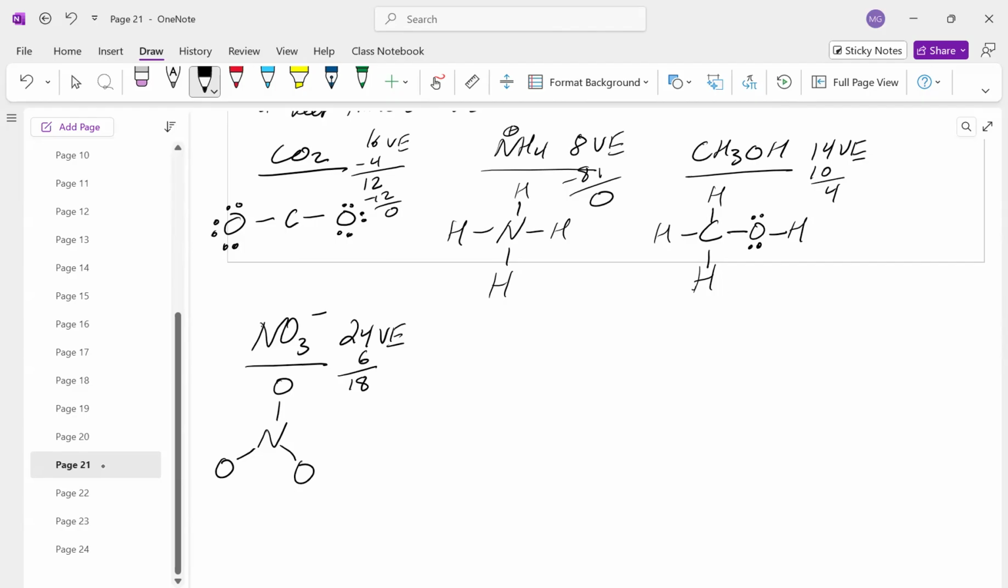With those 18, I'm going to put lone pairs on the more electronegative atoms, which are the oxygens. So I'm going to give this one 6. Now it has a full valence shell. I'm going to give this one 6. It has a full valence shell. And then this one 6. So there's all 18 of them. And now I'm done. Well, I'm not done with the problem, but I can't put any more on there.